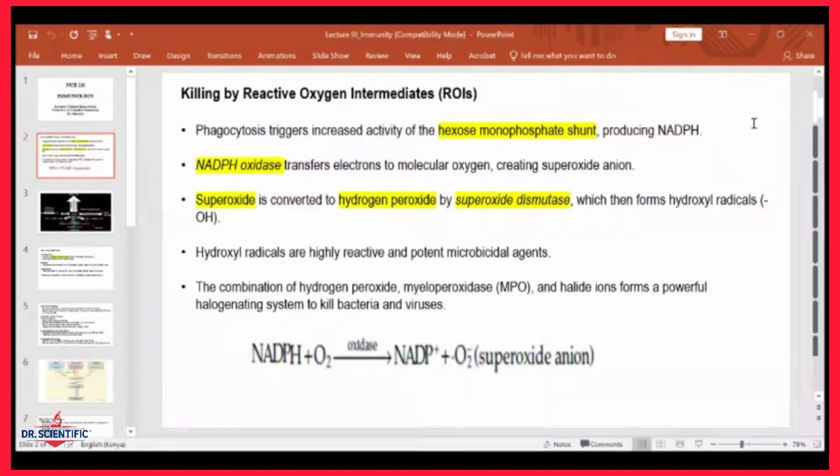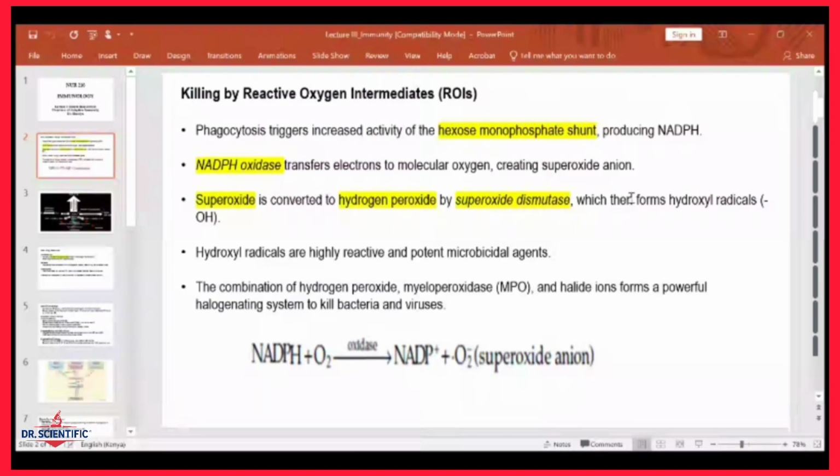As they are being generated, there is usually the production of NADPH, and a key enzyme involved in that pathway is NADPH oxidase. Its work is to transfer electrons, and it can transfer electrons to molecular oxygen, creating what we call a superoxide anion.